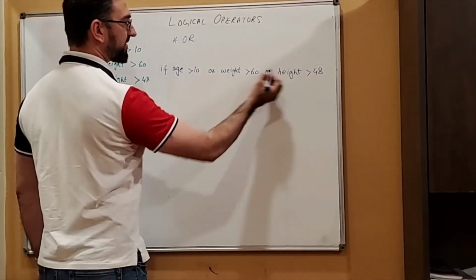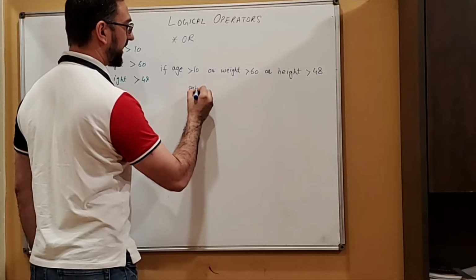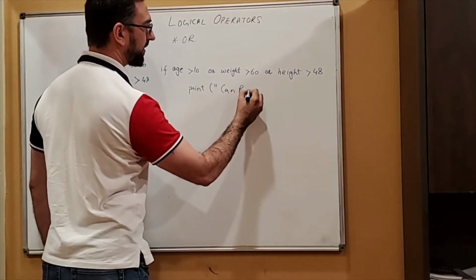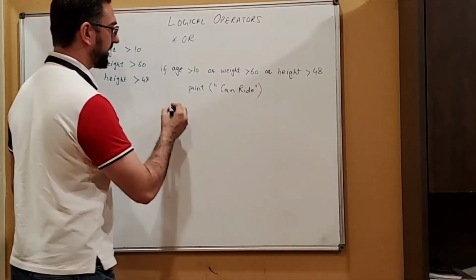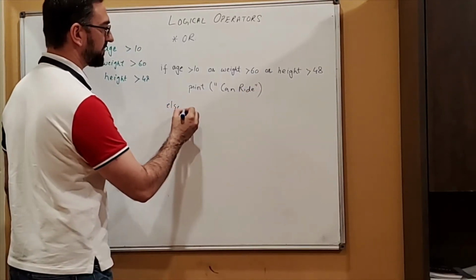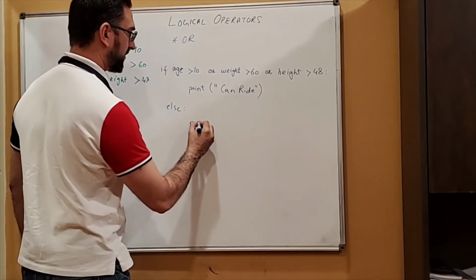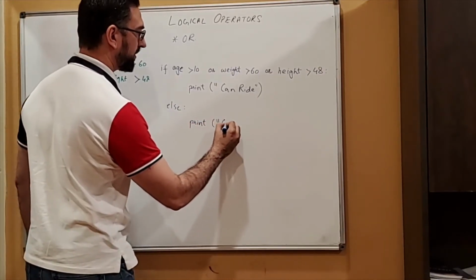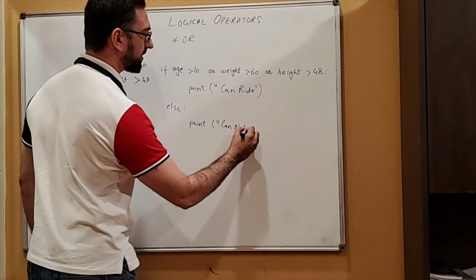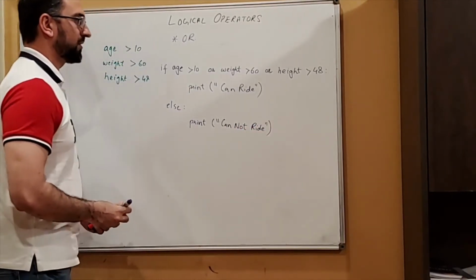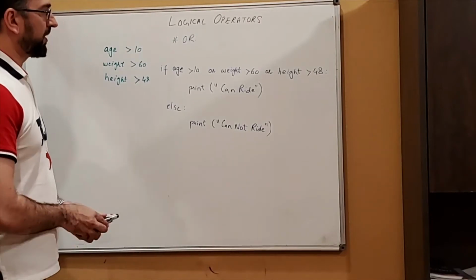If any of this is met, we will go ahead and say print can ride. And if none of the criteria is met, we will say cannot ride. Okay? All right.